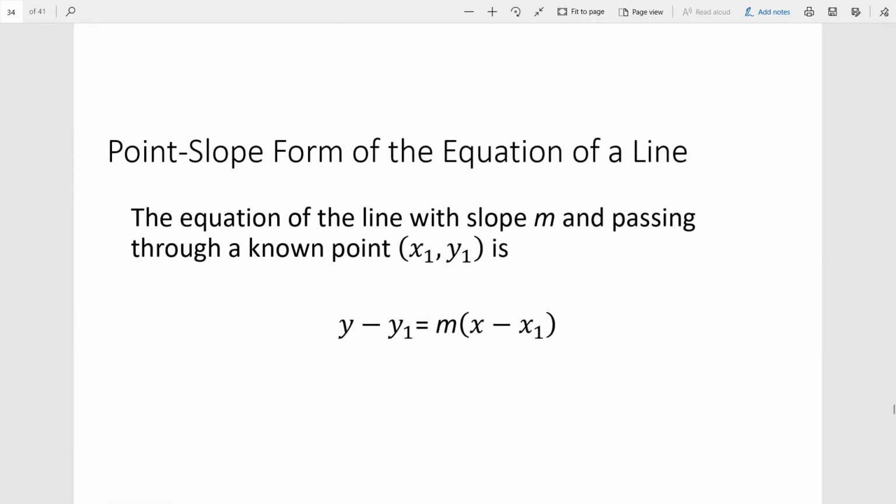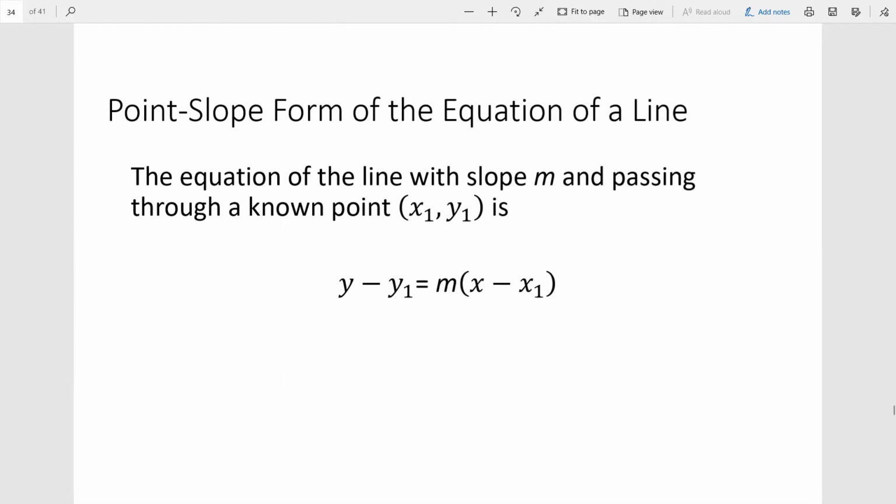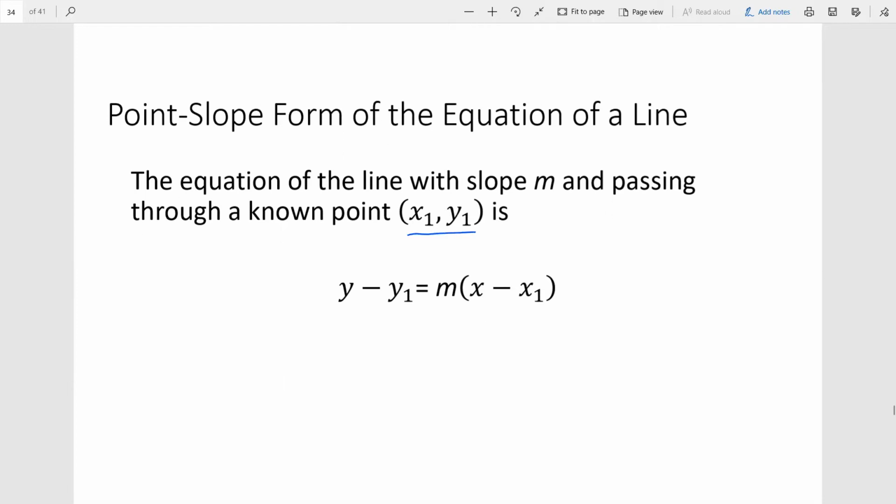Now, another way to write the equation of a line is to have a known point and to know what the slope is. You can then write the equation of the line as y minus y1 equal m times x minus x1.